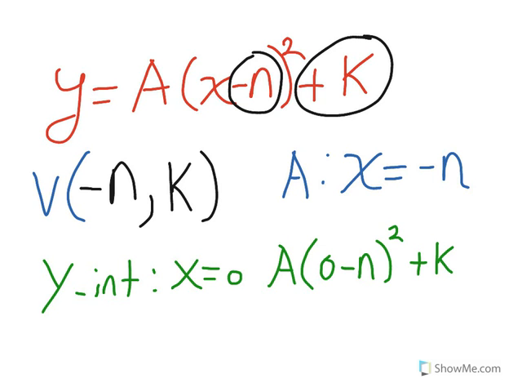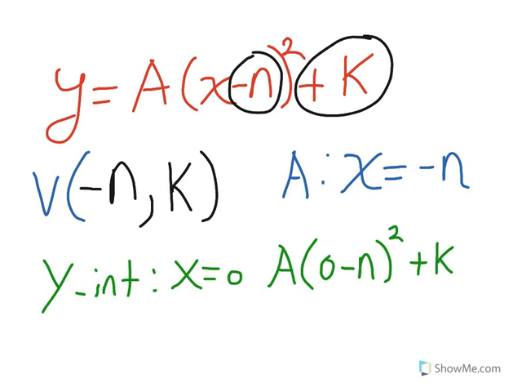Alright, the next part. So y is equal to, we'll say, 2x squared. And y is equal to negative 2x squared. So the number out front is always going to make it skinnier or wider. We'll call it y is equal to ax squared.